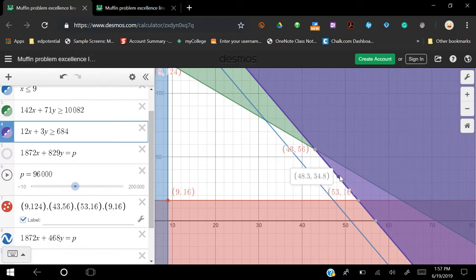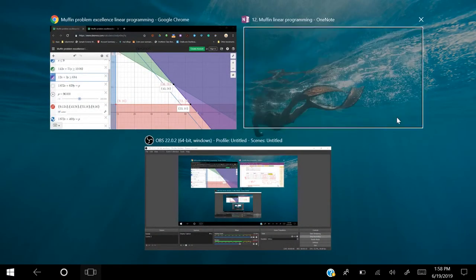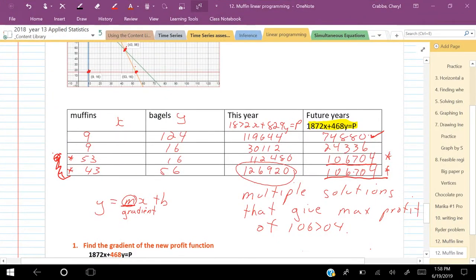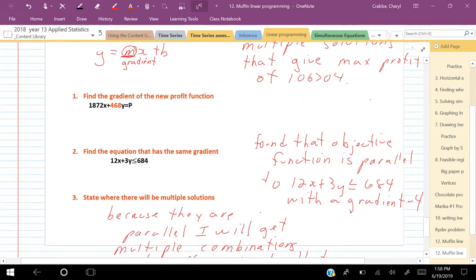Try to get some whole number values because we're dealing with batches: 48 and 36, 50 and 28. So those are other combinations, besides these 2 points here, that are also going to give us maximum solutions, multiple solutions of this. So any one of those combinations I just showed you.